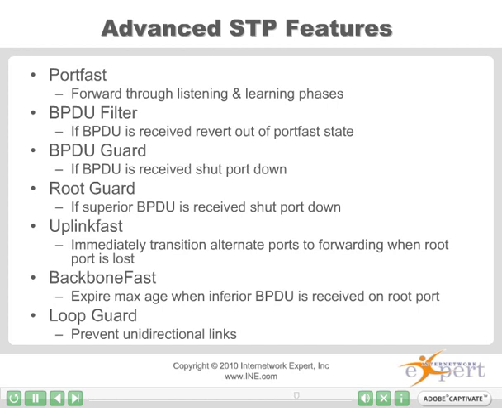There's BackboneFast, which we would enable on all of our switches to more quickly converge when there's an indirect link failure. And then finally, loop guard, which is used to prevent the inadvertent loop thanks to something like a unidirectional link, where a link is fine sending in one direction, but is not okay sending in the other direction.